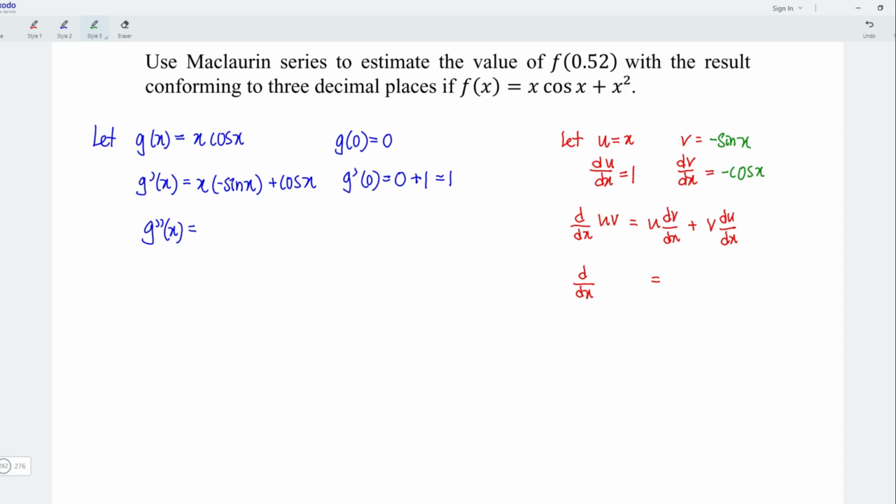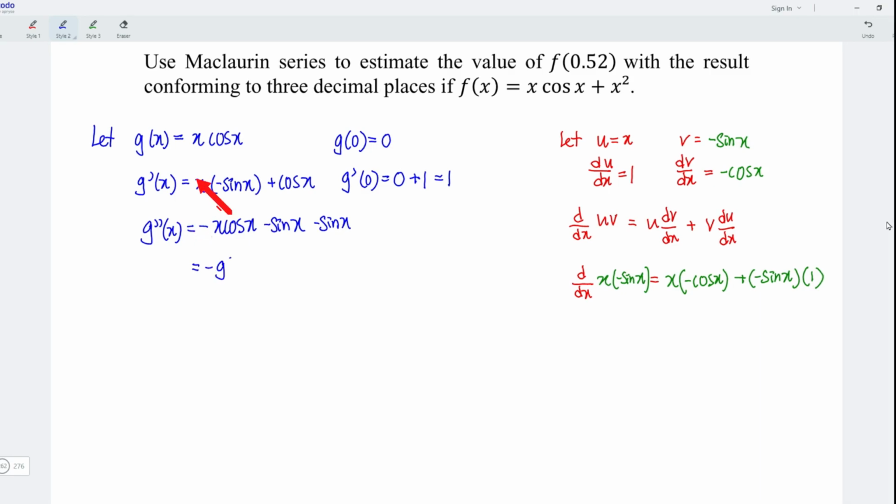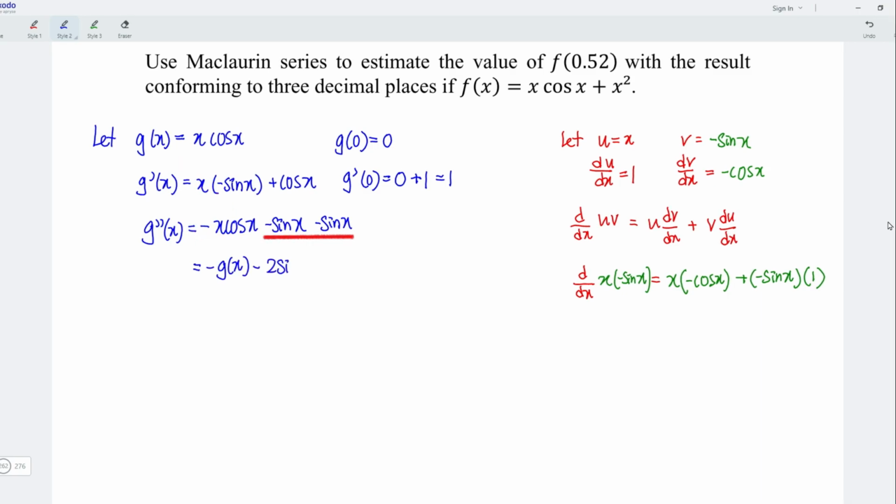By using substitution, when we differentiate x times negative sine x with respect to x, we should obtain x multiplying negative cos x plus negative sine x multiplying 1, and this is equal to negative x cos x minus sine x. Don't forget, we have the second term, that is cos x. So when we differentiate cos x, we obtain negative sine x. Simplified, we should obtain negative g(x) minus 2 sine x.